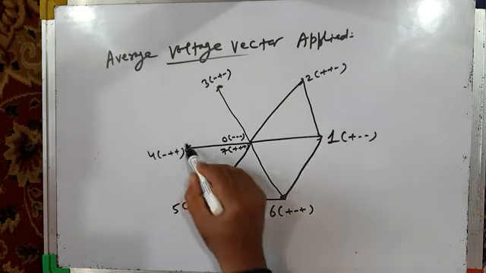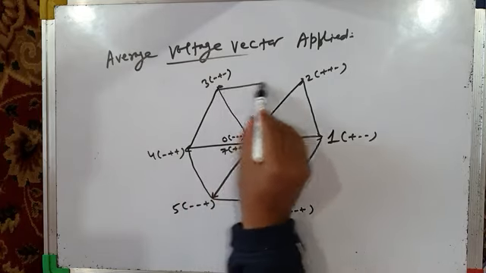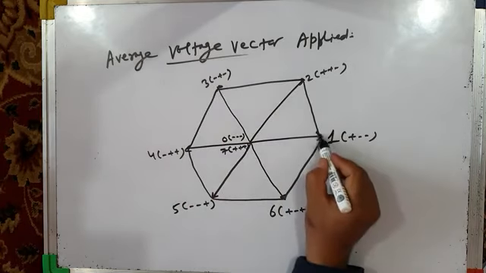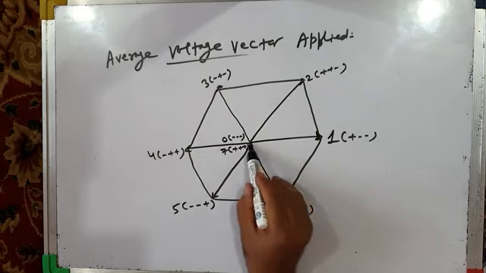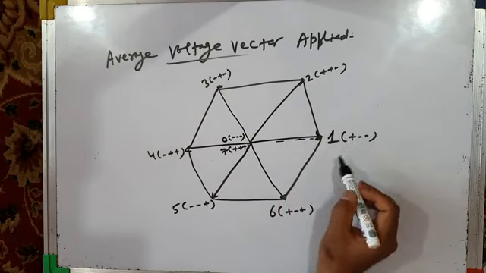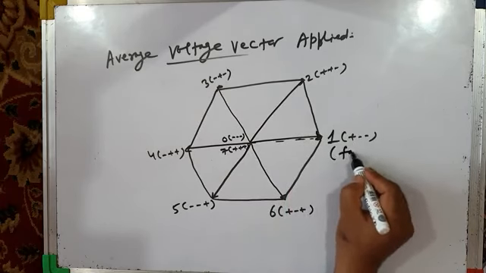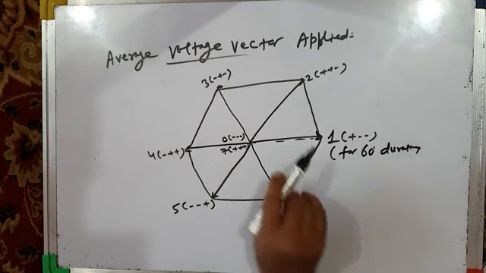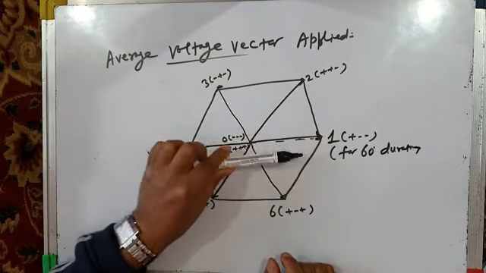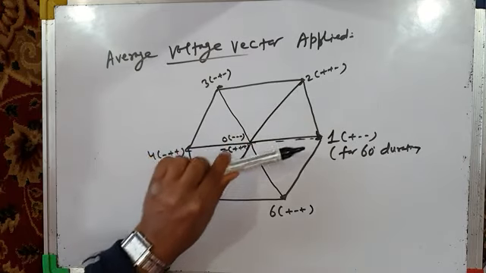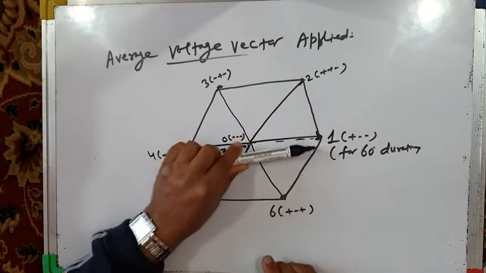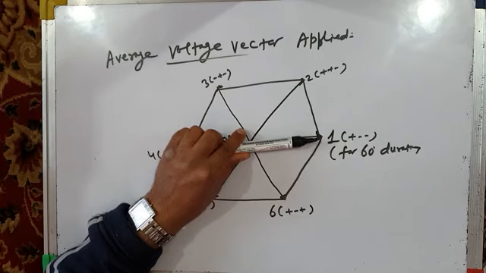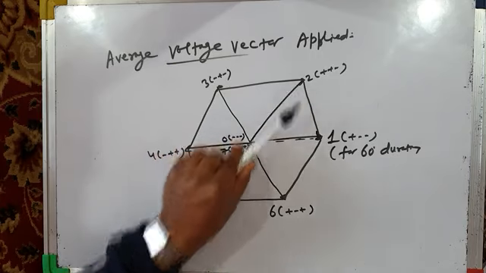Our reference vector will not be rotating at all. Reference vector will get applied here. So it will apply active vector 1 for 60-degree duration. After 60 degrees, it will not move, it will not rotate. It will neither rotate in circular trajectory, nor along hexagon. It will jump. I mean, active vector 1 will go and then active vector 2 will be applied.